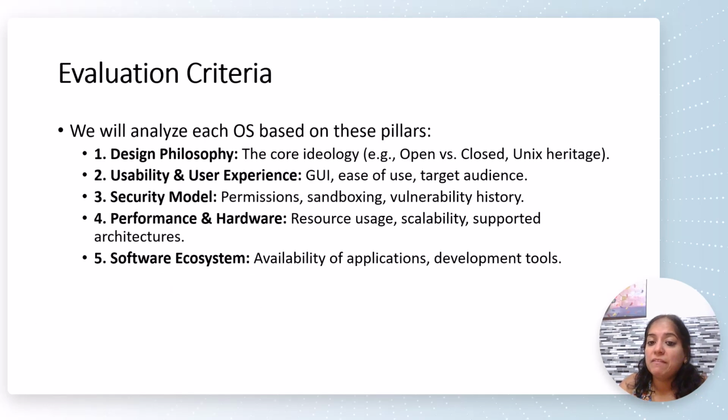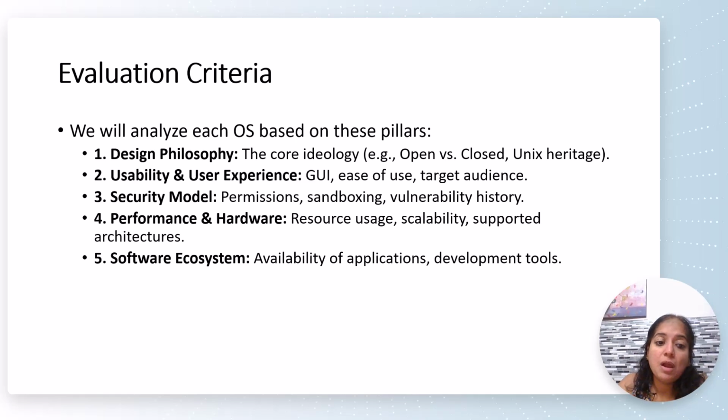So the evaluation criteria we will use to perform the analysis are the five pillars. Design philosophy is the most important. It is the founding principle that dictates all others, right? In this, we will check whether it was built to be open or closed, and for the server room or the living room, questions like that.